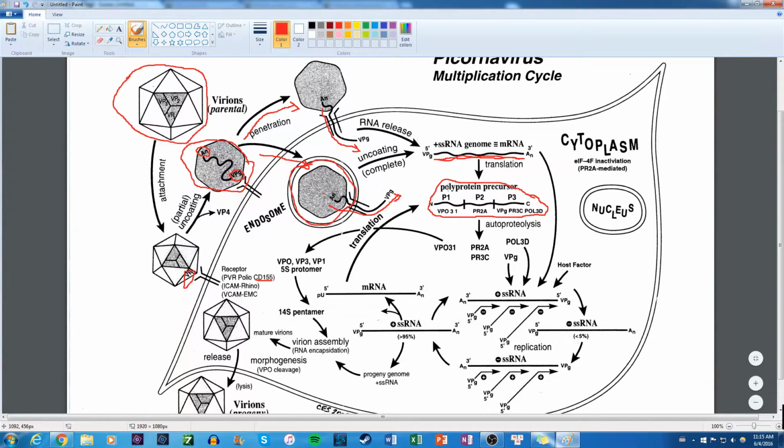That's stuff like your 3D polymerase, your 2A protease, which will degrade eukaryotic initiation factor 4G. It encodes stuff like your 3C protease and VPg, which is essentially the 5' cap that can be uridylated. So where's my mouse cursor? There we go.